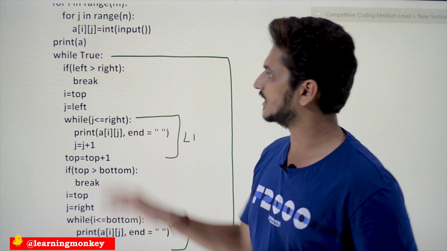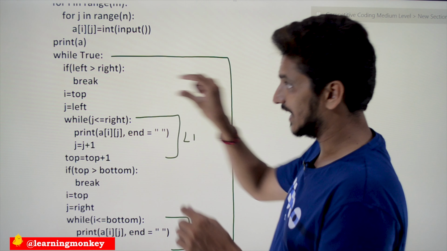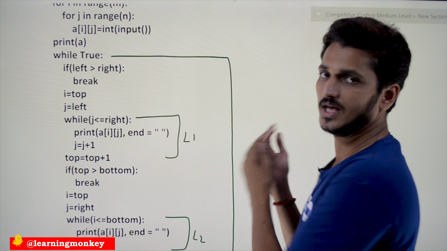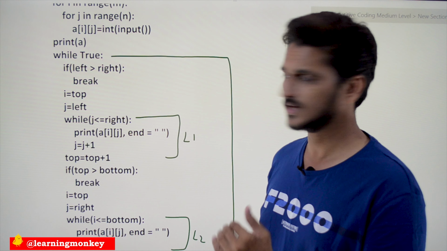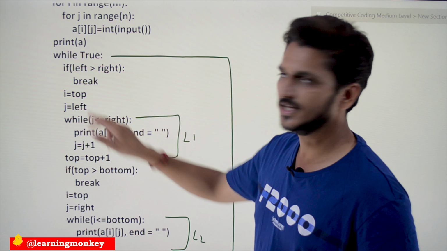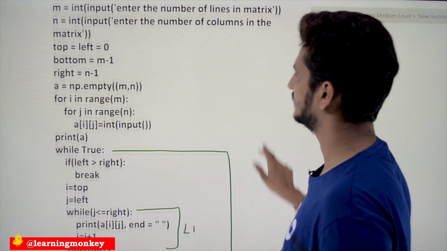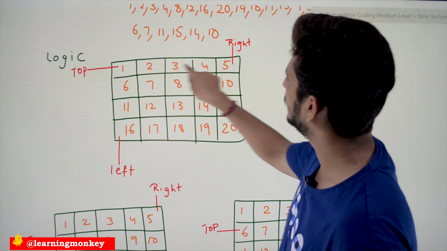So the first condition, whenever you are displaying the topmost line: if left greater than right, whenever you are moving like this, if left greater than right, break it. Otherwise, i is equal to top, j is equal to left, while j less than or equal to right. So we are going to display this line.